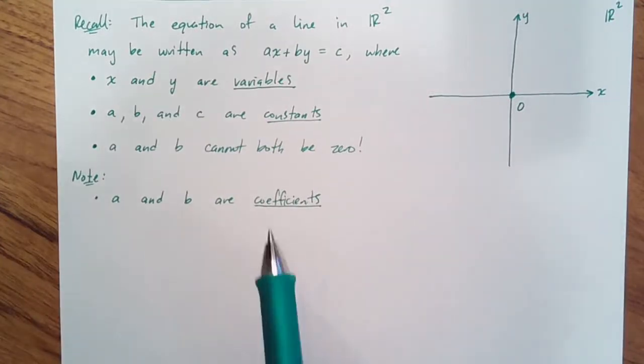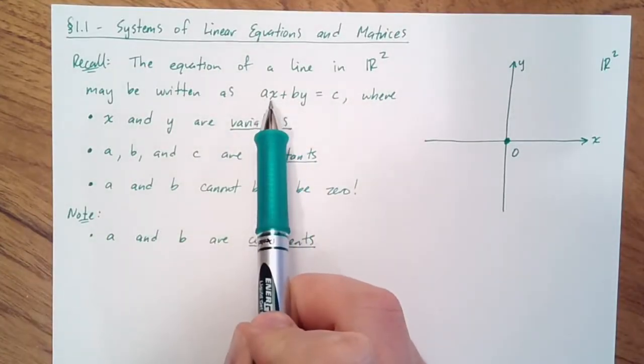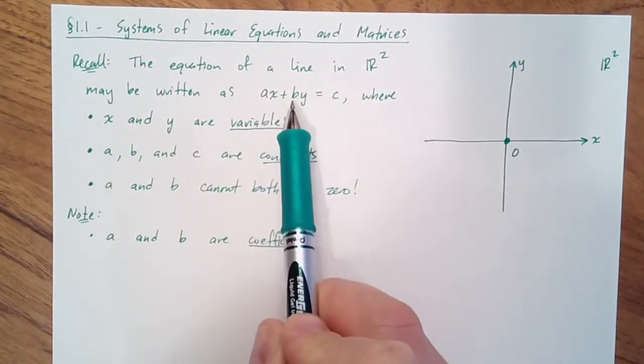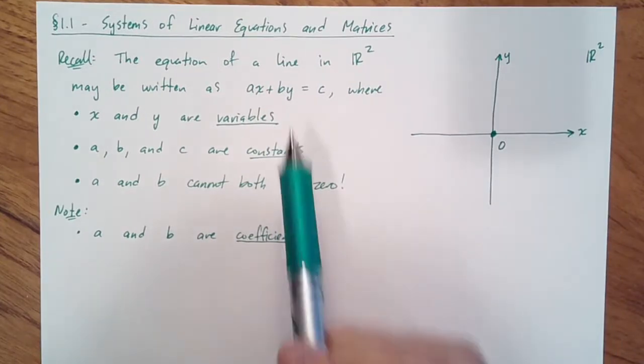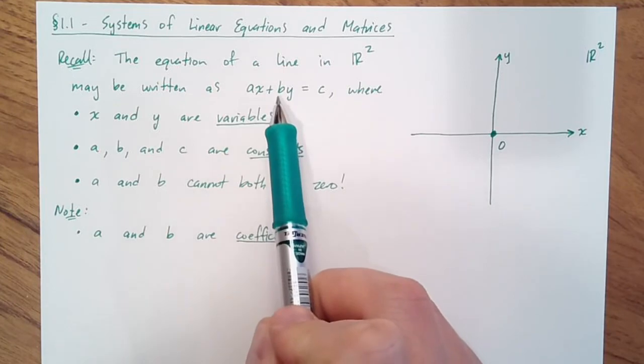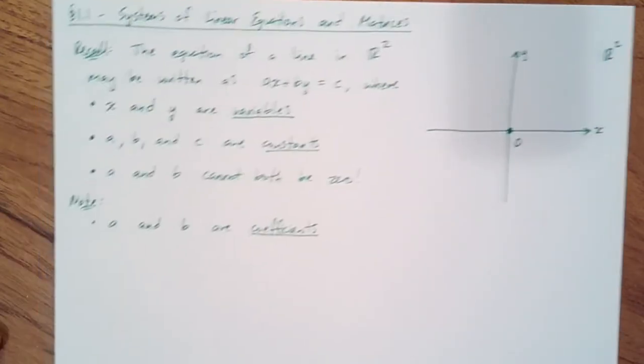So in this case, the reason this word coefficient is used is because A is being multiplied onto the variable x, and b is being multiplied onto the variable y. So if you wanted to be more specific, you could say that a is the coefficient of x, and b is the coefficient of y. But more generally, we'll just say that they're coefficients.